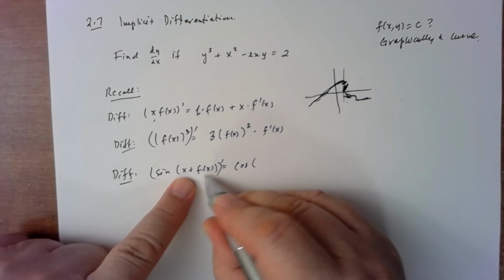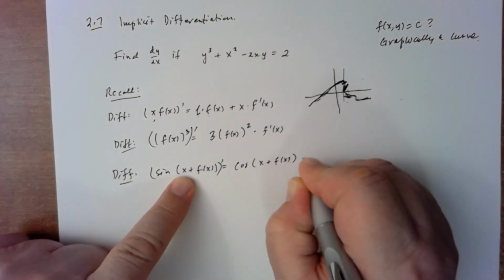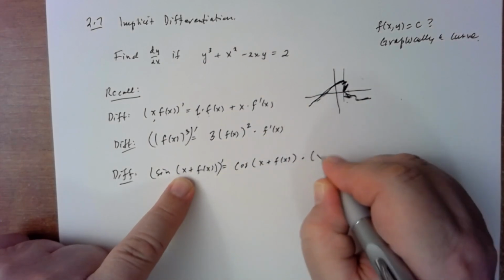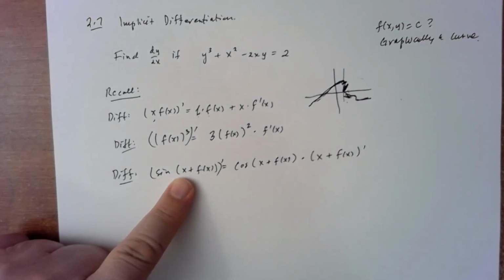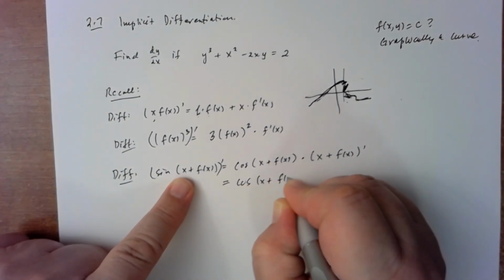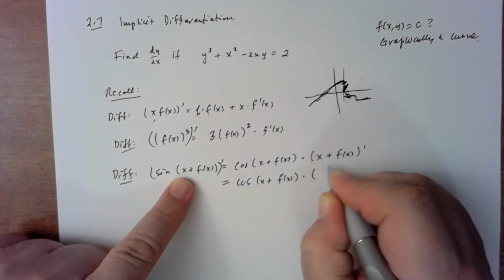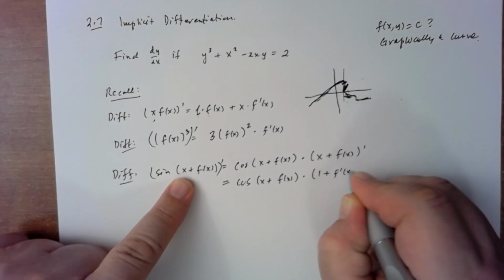Then you leave your inside function alone, and multiply by the derivative of your inside function. Simplifying that, the derivative of x is 1, and the derivative of f is f prime. Good.